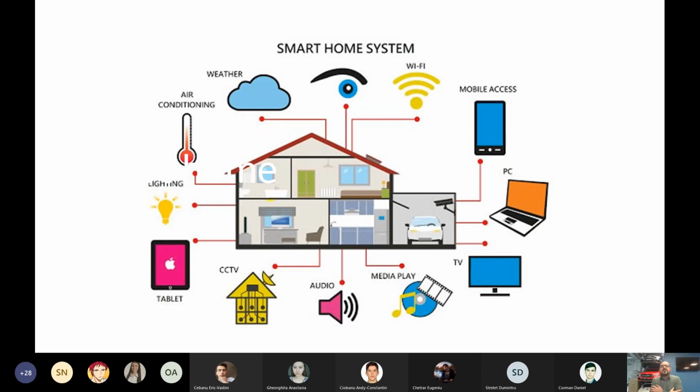We are feeling that it's not good or it's good. Or I see that there is not enough light, I'm sensing it with my eyes, and as a reaction I have to switch on the lighting.